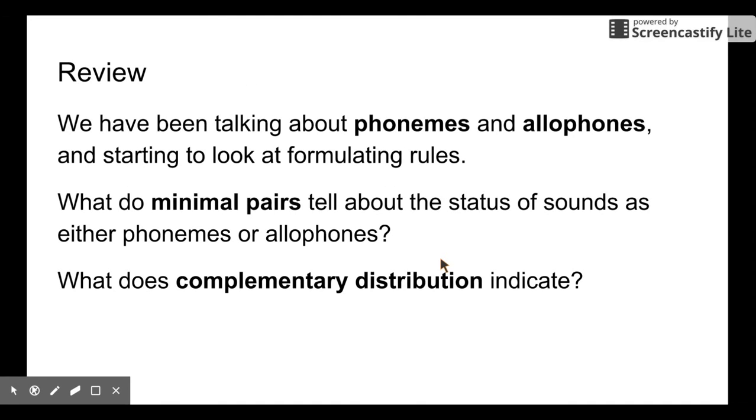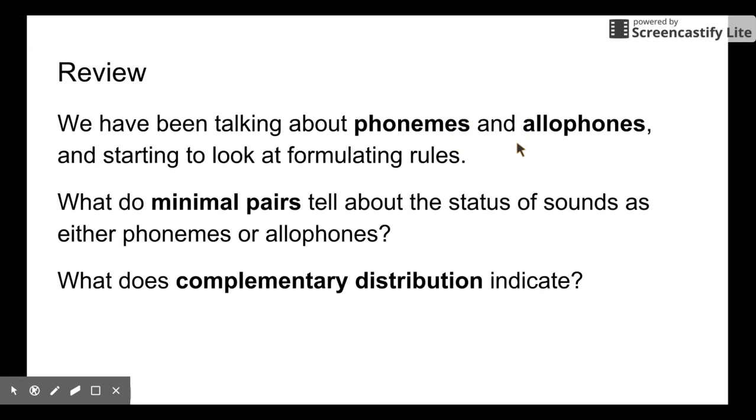Before we begin today's lecture, let's do some review. We have been talking about phonemes and allophones, right? So phonemes are the mental representations, and allophones are the real physical sounds that are derived from the same phoneme.